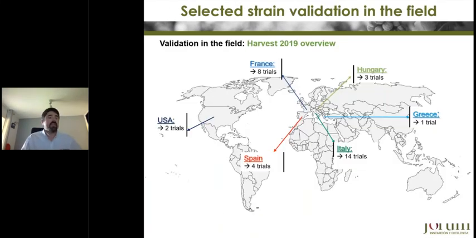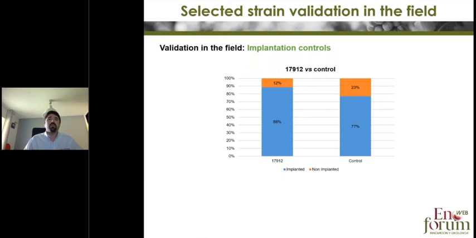So about the validation of the strain in the field, we saw that the 17,912 strain was really best rated for all the production of Sauvignon Blanc. So we made extensive trials in 6 different countries, 32 trials. And these trials are actually rated afterwards.